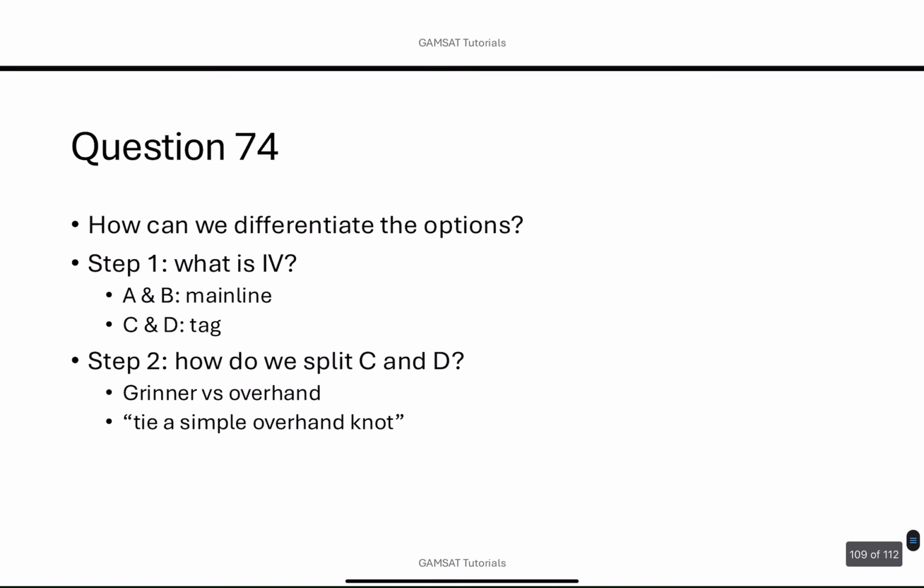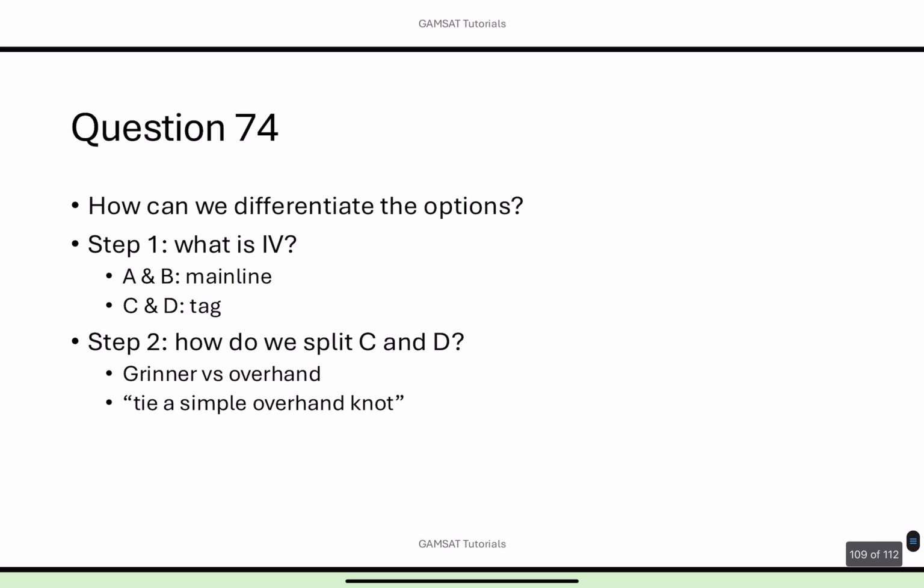Okay, 74. In reference to the diagram, what do the parts labeled 1, 2, 3, and 4 represent? So a lot of students will try and do this where they go through step 1, step 2, step 3, step 4, then try and figure it out. I think that's the more tricky way to do it. The first thing you should ask is how can we differentiate all the options?